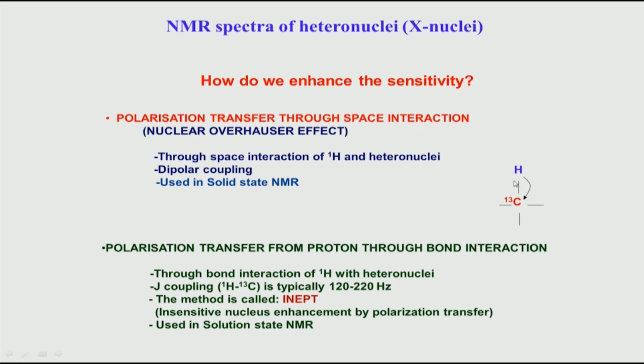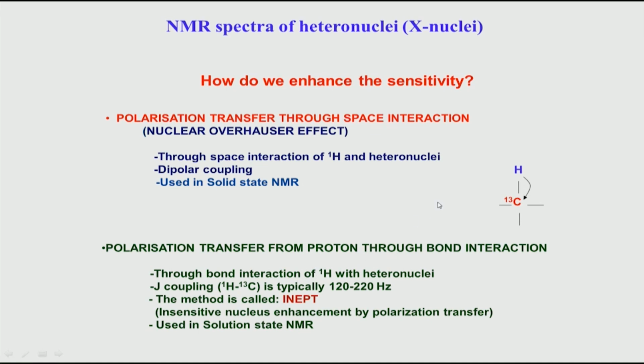The typical value of J coupling is about 120 to 220 hertz. Remember, it depends on the hybridization state of the carbon. In aromatics it is higher, alkynes it is higher, alkenes it is higher, but in sp3 it is about 120 to 140 hertz J coupling.